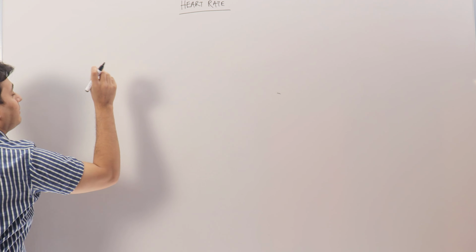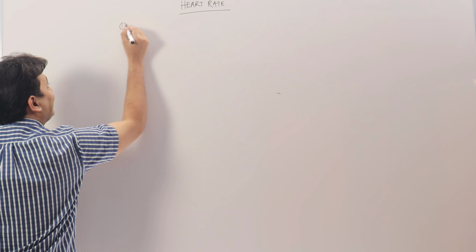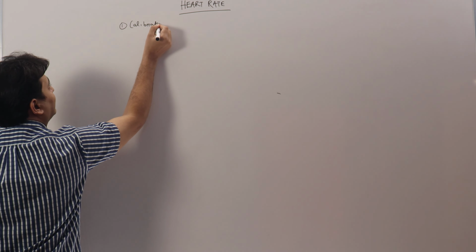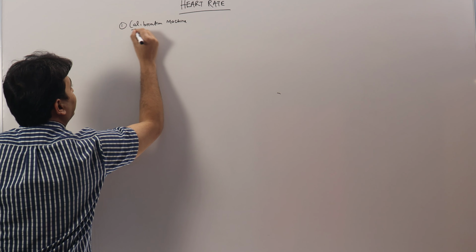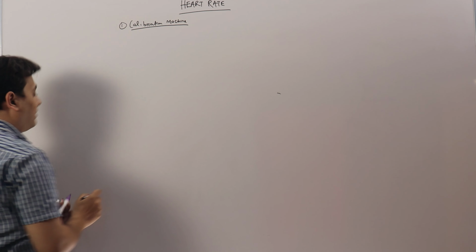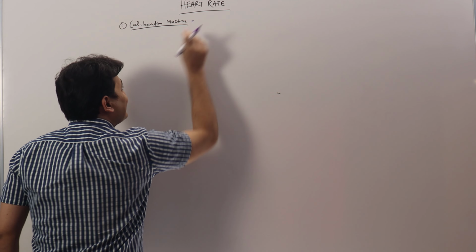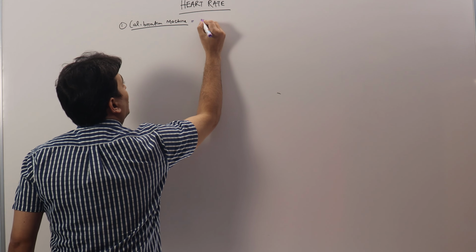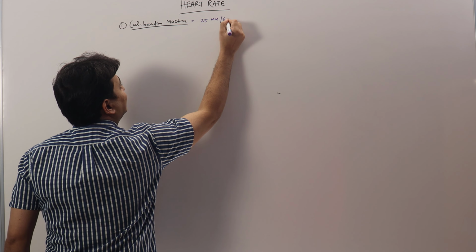So in the beginning, before going to heart rate calculation, we have to find out the calibration of the ECG machine. In 98% of the machines available in the world for ECG, the calibration is that the ECG strip moves with a speed of 25 millimeter per second.